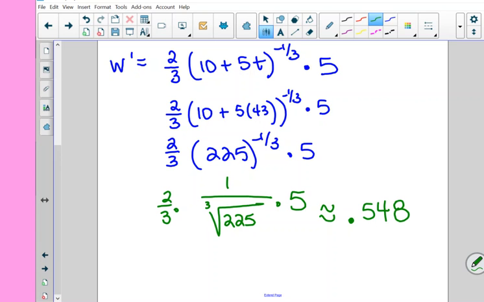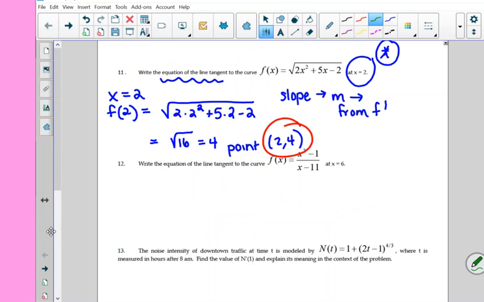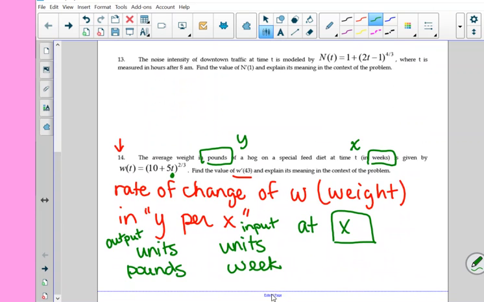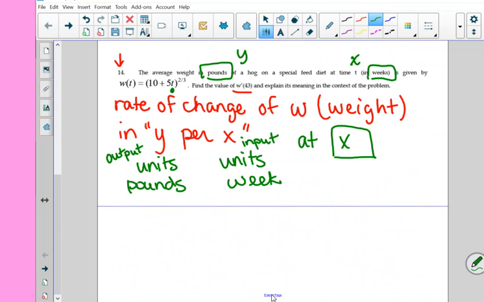Let's see now if we can talk about what that means. We got 0.548. I'm going to extend this down. We're going to start by talking about the rate of change of the weight.